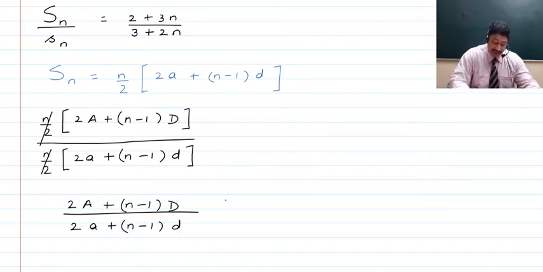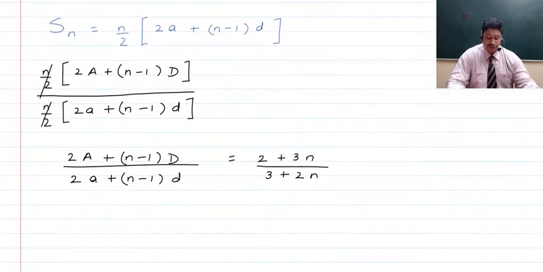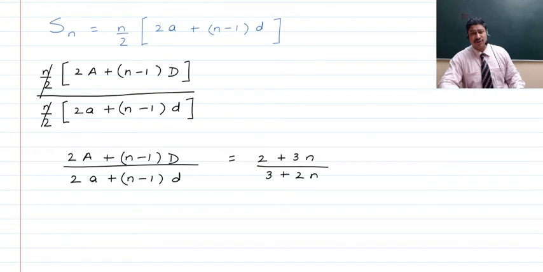And this has been given to be a ratio which is 2 plus 3n divided by 3 plus 2n. Now remember guys, this is true for any value of n. So if you keep the value of n to be 3, or if you keep the value of n to be 33, this is always going to be true.